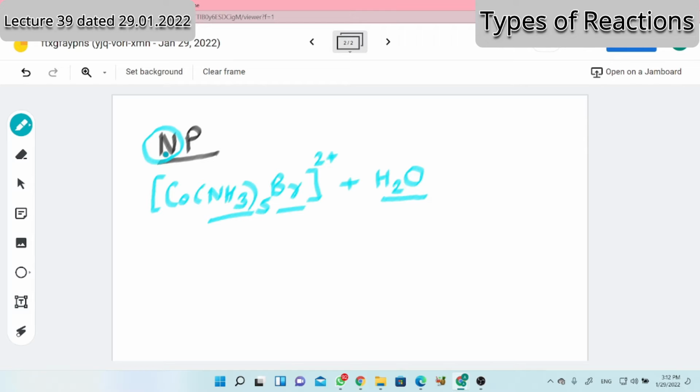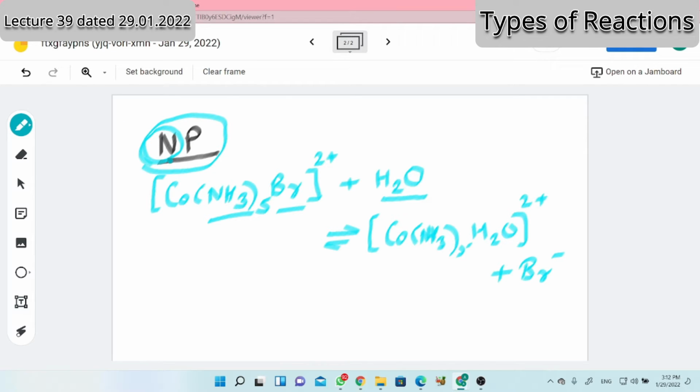Nucleophile means ligands do love positive charge, therefore they are nucleophiles. So substitution of a ligand is a nucleophilic substitution. The result of this reaction is [Co(NH3)5(H2O)] with charge 2 plus, and Br minus. This is an example of a nucleophilic substitution reaction.